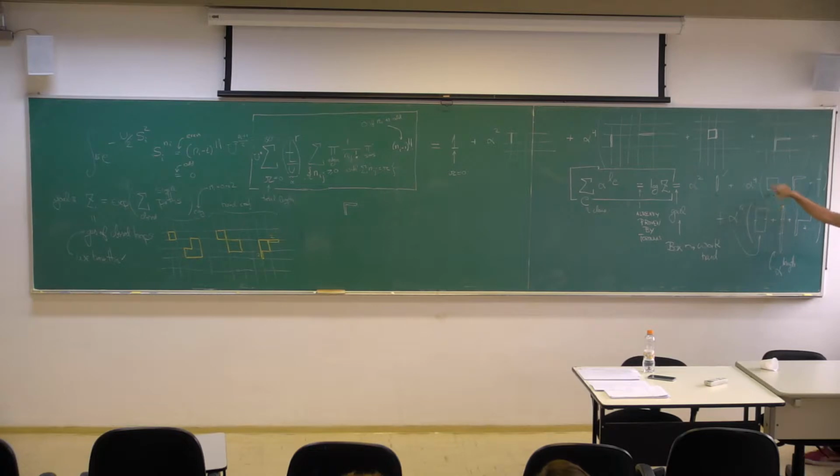The box appears here for the first time, so obviously it's correct. If I take the log, it's correct. So the question is, when I take the log of z, I only get disconnected things. Why don't I get stick squared? Right? So this is what we have to analyze, these two graphs. They are here, indeed. There is this and there is another one. But they come with non-trivial combinatorial factors, as we are now going to see. And we have to make sure that here they come with coefficient 1 for each of them.